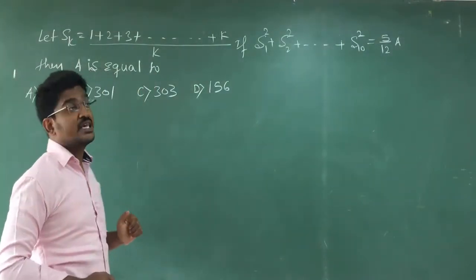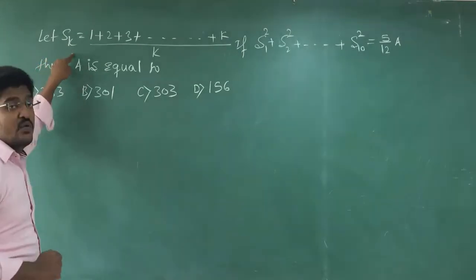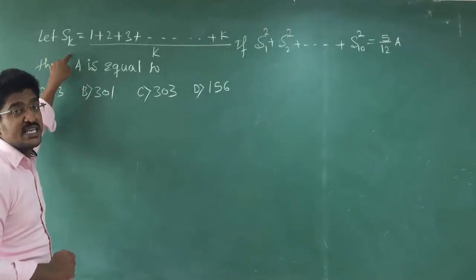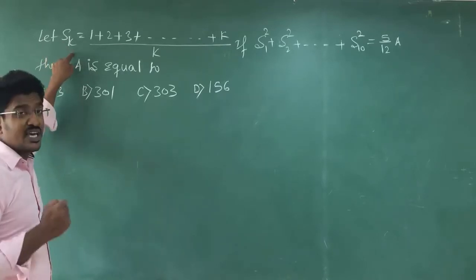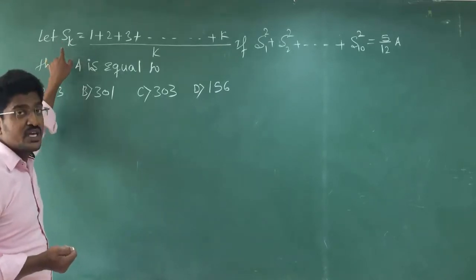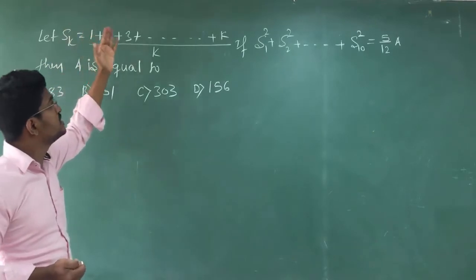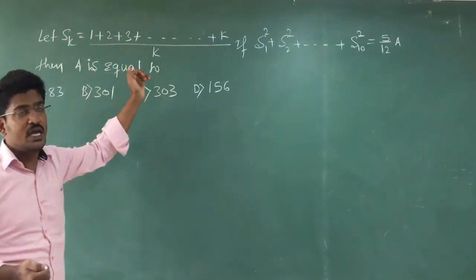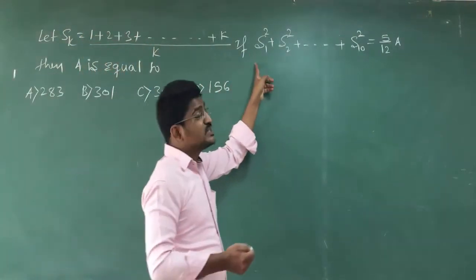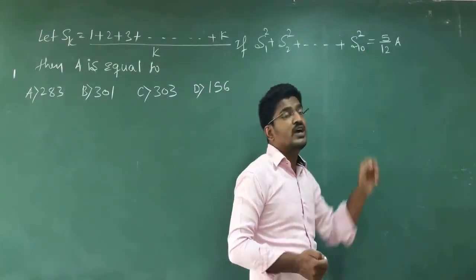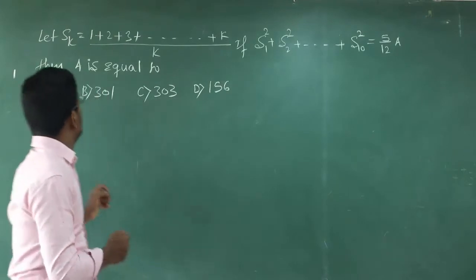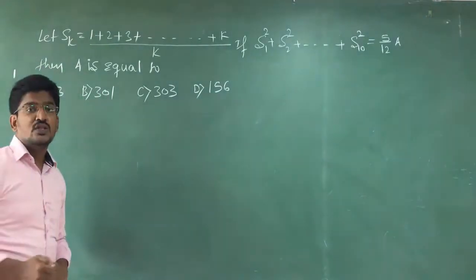They are asking. Please understand this. They have given Sk, the sum of k terms. That means sum of the k terms is equal to 1 plus 2 plus 3 so on to k, divided by k. If S1 square plus S2 square plus so on to S10 square is equal to 5 by 12 a, then what is a equal to, they are asking.